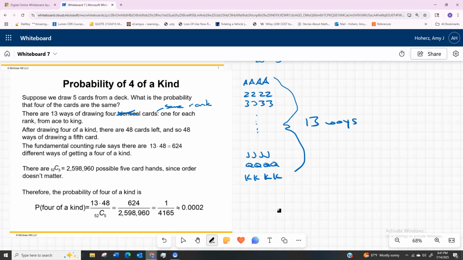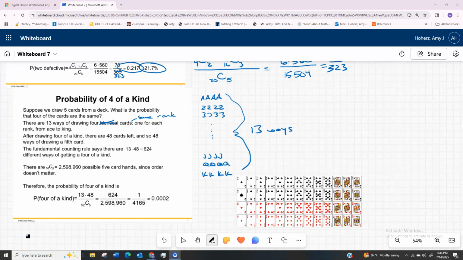After that, there are 48 other cards left. So once we've drawn out 4 cards from our deck of 52, let's put up a deck of cards here so we can visualize it. Once we've drawn our 4 of a kind, whatever it may be, let's say we get 4 5s, well, the 4 5s are gone.